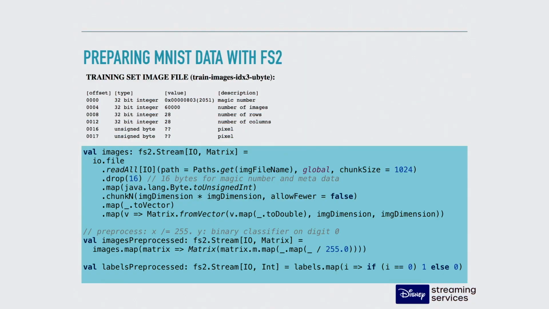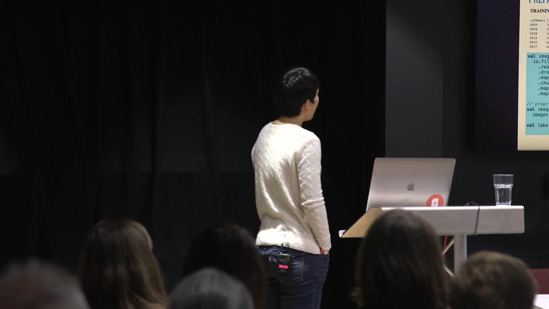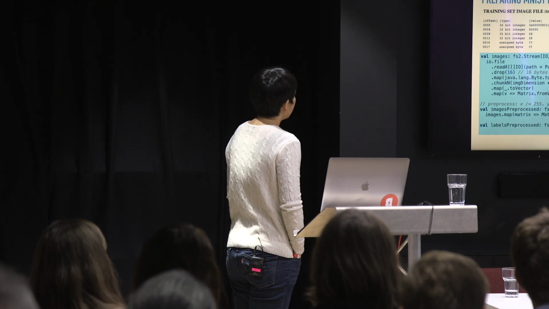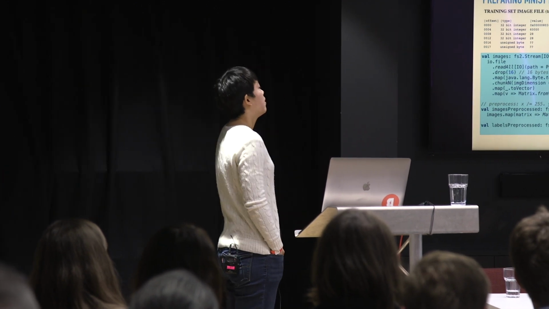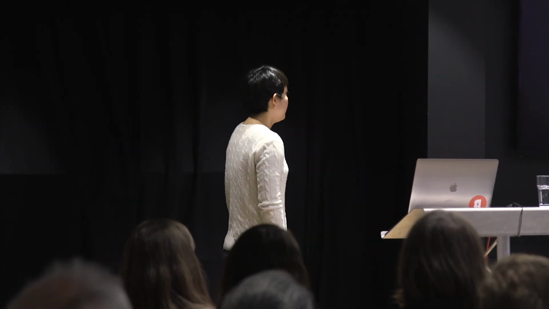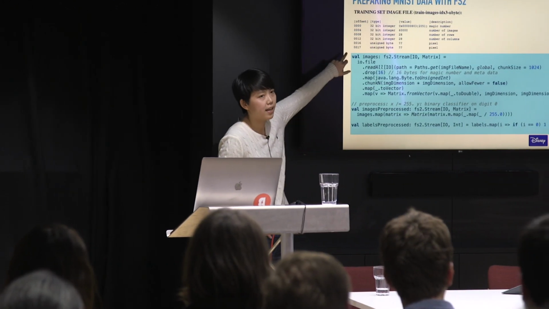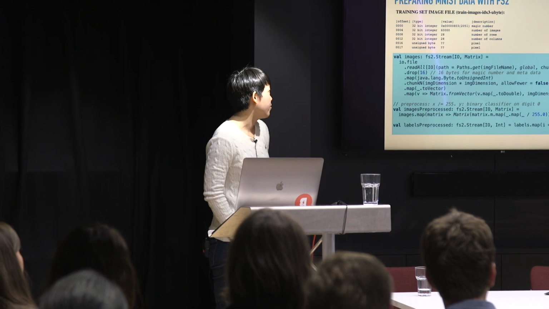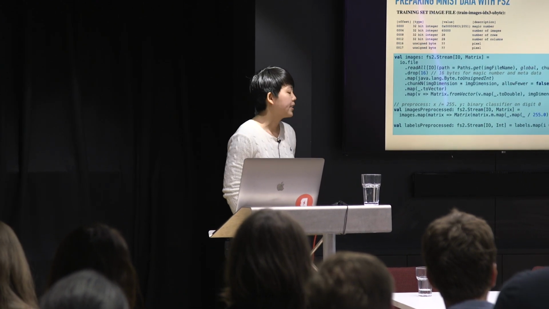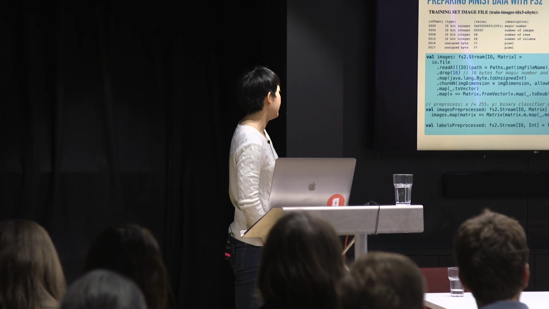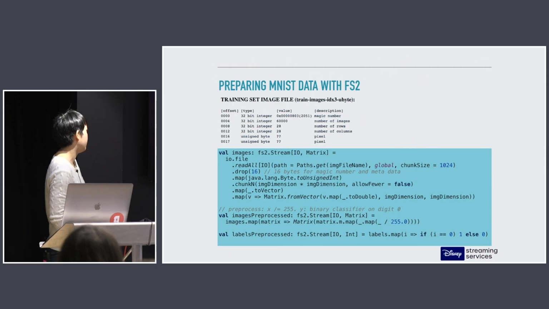OK, so first we need to load the data sets. And here, this is the only place I'm using FS2. It turns out it's really easy. As you can see, the data set is kind of weird. You have to do a bit of size counting. But it's actually really easy just to do it in FS2.